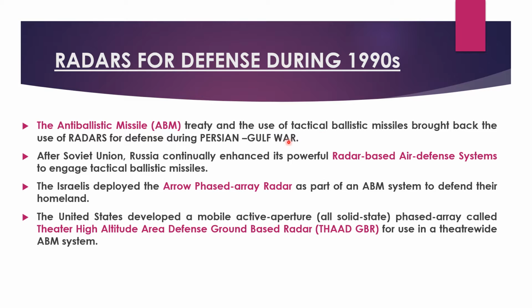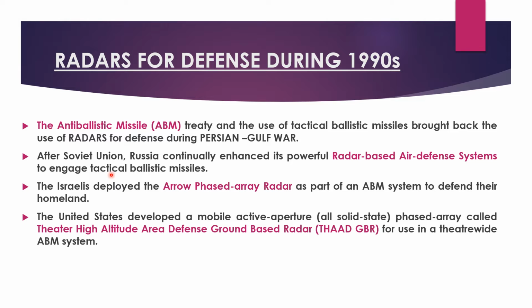In the Persian Gulf War, there was a lot of use of tactical ballistic missiles, so the only choice was to use radar for defense purposes also. So again in the 1990s, radars were used for defense. And this anti-ballistic missile treaty is about using radar against ballistic missiles, so it was legalized at that time.